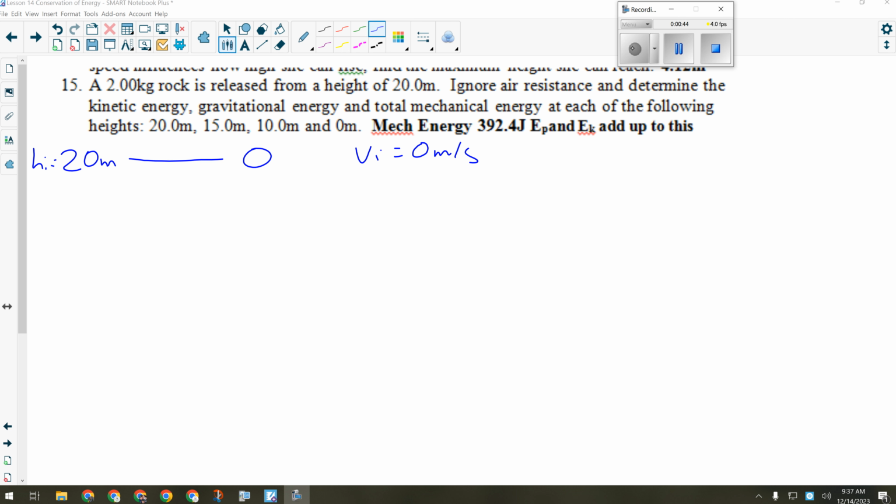Ignoring air resistance, in other words, energy is conserved. Determine the kinetic energy, gravitational potential energy, and total mechanical energy at each of the following heights: 20, 15, 10, and 0 meters.